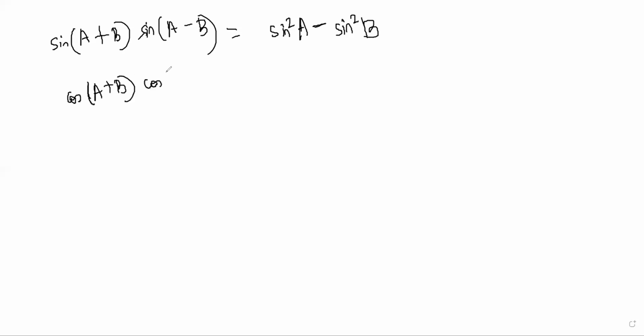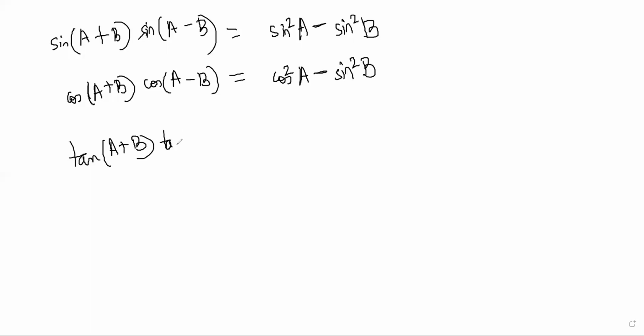Prove these three identities: sin(a plus b) into sin(a minus b) is equal to sin square a minus sin square b; cos(a plus b) into cos(a minus b) is equal to cos square a minus sin square b; and tan(a plus b) into tan(a minus b) is equal to tan square a minus tan square b.